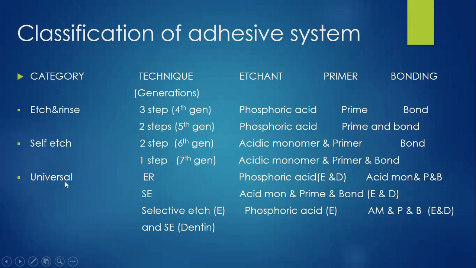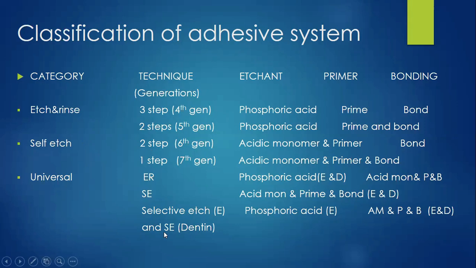And the universal system or multi-mode system is more versatile. It gives an opportunity to decide which adhesive strategy to use, depending upon the situation. It can be used either as total etch, self-etch, or selective etching of the enamel and self-etching of the dentin.